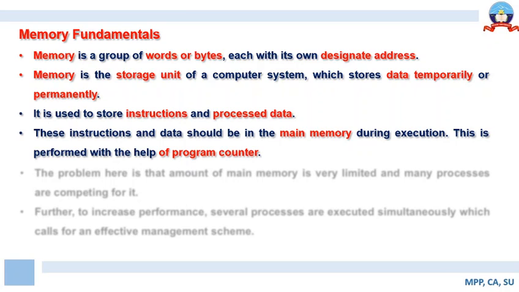Whenever an instruction is to be executed by the processor, the instruction and the relevant data it makes use of have to be brought to the main memory. This is performed with the help of a counter called the program counter. The program counter keeps track of which instruction is to be executed by the processor.